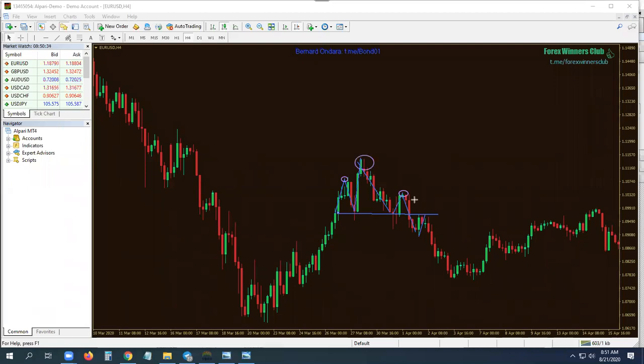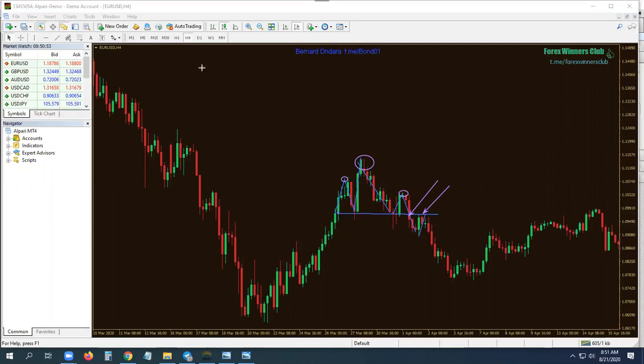Now you enter your first trade at the breakout. When you see the breakout and the close below the neck, you can enter the trade. Or you wait for the market to pull back and come back to your zone. This is a pullback trade, and it gives you a signal. You see something like a bearish harami here, you can sell from there. So how do you manage your trade?